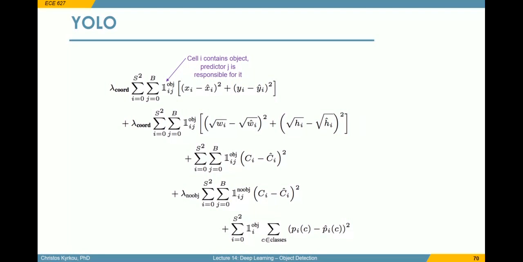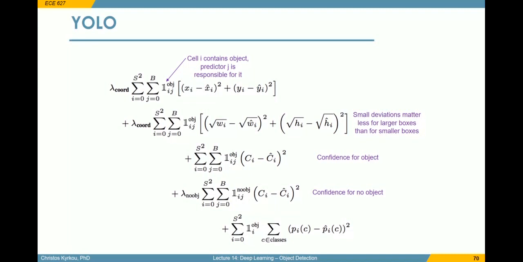And it's usually set at 1 for the predictor that has the highest IOU with that corresponding cell. We also talked about the reasoning behind the square roots, to avoid having small deviations matter less, and also for the confidence values for object and non-objects.